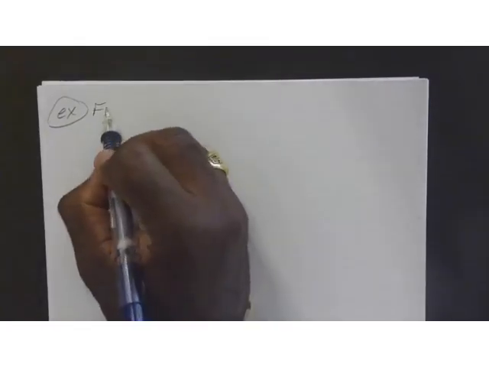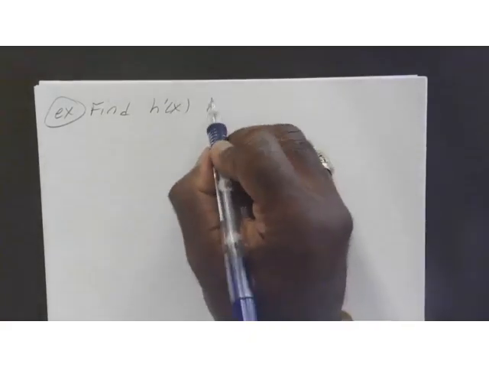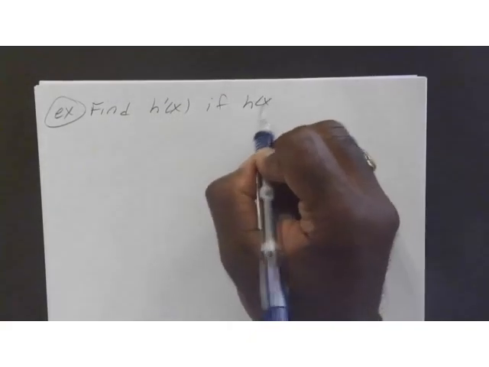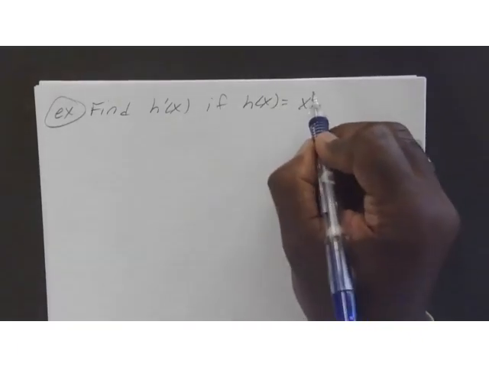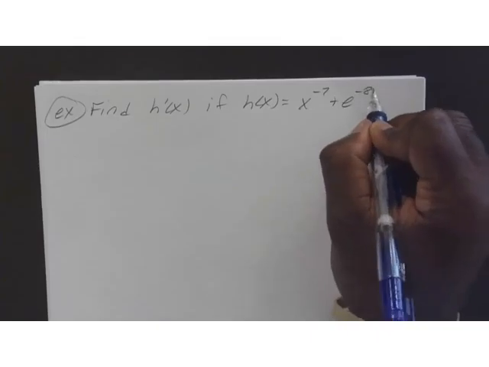Okay, so what if we wanted to find h prime of x if h of x is equal to x to the negative 7th power plus e to the negative 8x power?